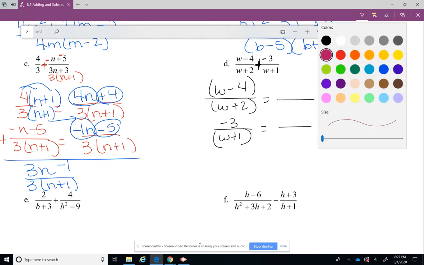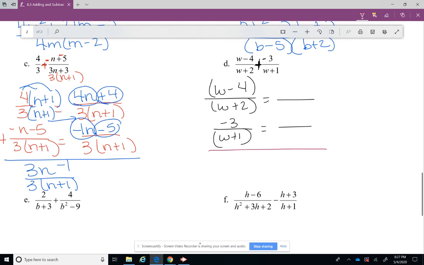All right, I'm going to write our least common multiple, which is W plus 1 times W plus 2. And I'm going to have to multiply this by W plus 2. And then up here, W plus 1 times W plus 2. I'm going to have to multiply the W minus 4 times the W plus 1.